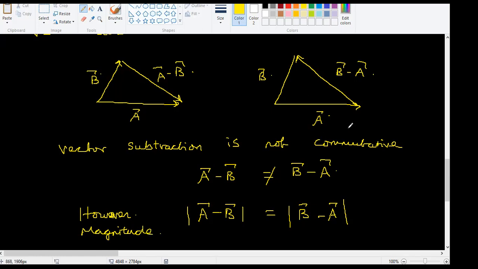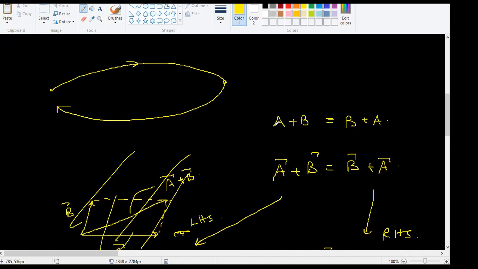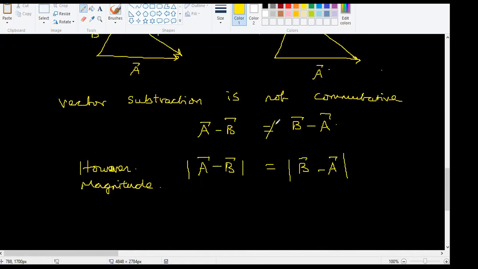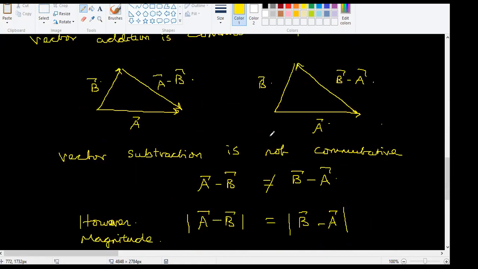Okay. Any questions so far? Very simple. All these things are simple mathematics. Maybe that's why I didn't talk about this at the beginning. But now that you have a better idea about vector addition and vector subtraction, and how to apply vectors in the applications, I'm sure you'll be able to follow this very easily.